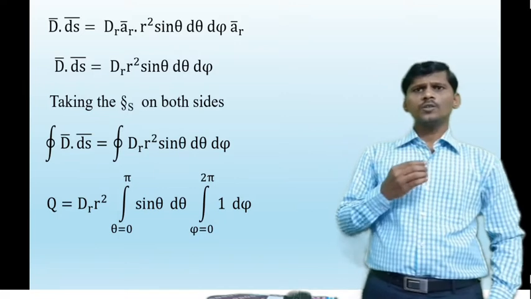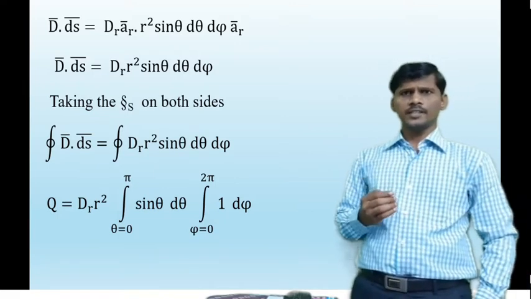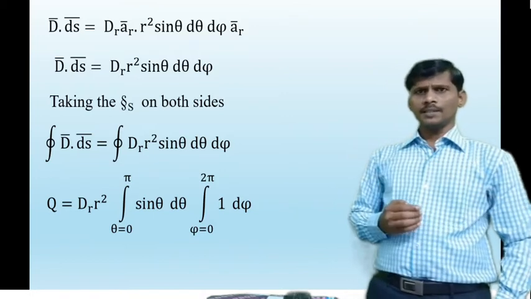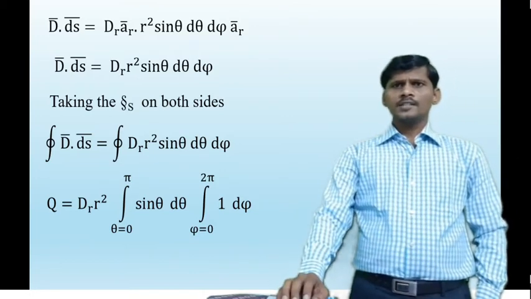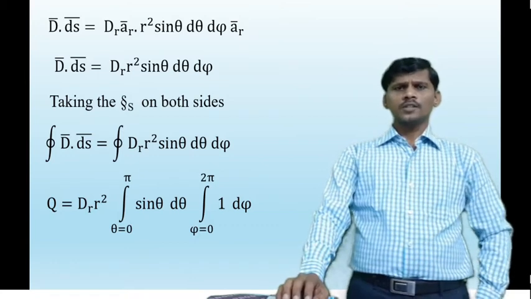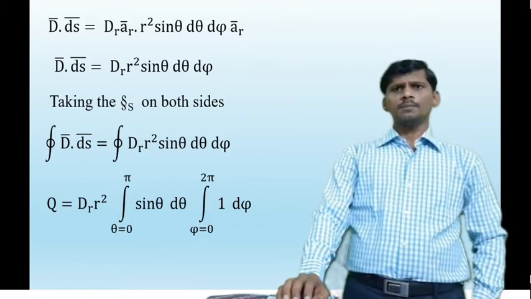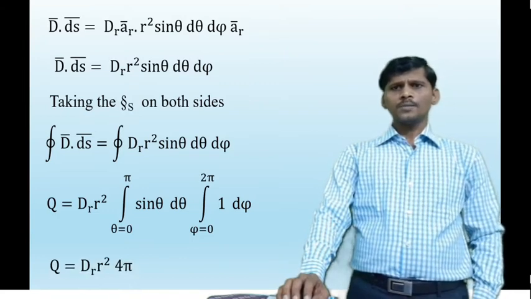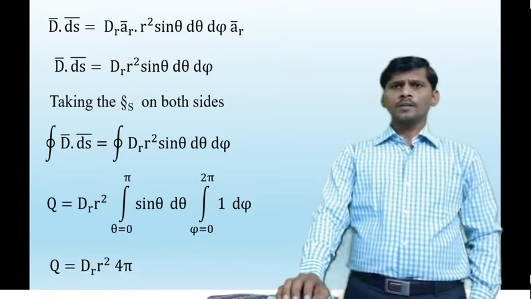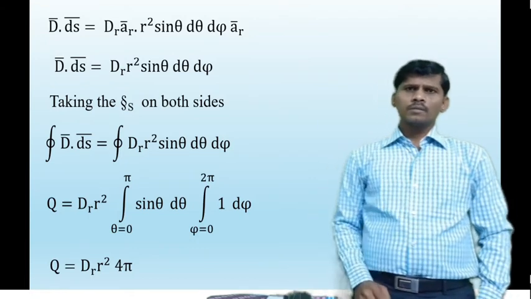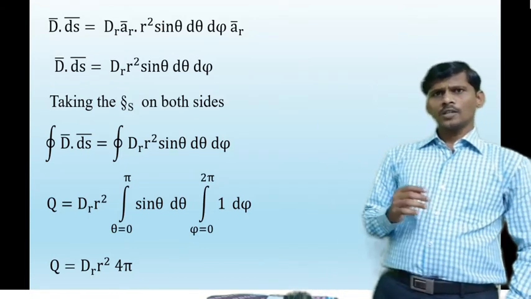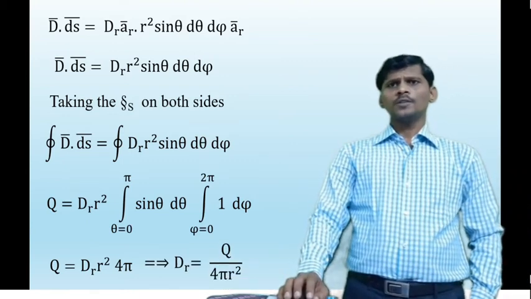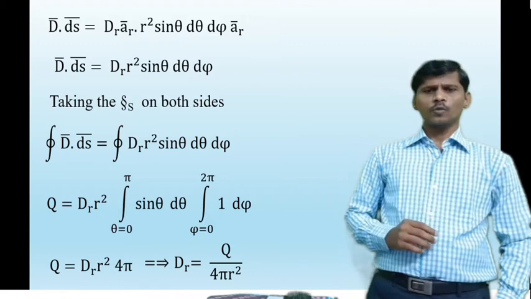Integral theta from 0 to pi of sin theta d theta, integral phi from 0 to 2 pi of 1 d phi. The integral of sin theta is minus cos theta over 0 to pi. The integral of 1 d phi is phi over 0 to 2 pi. After substituting the values of theta and phi, we get the RHS term Dr into r square into 4 pi. So from that equation, the component Dr is equal to Q by 4 pi.